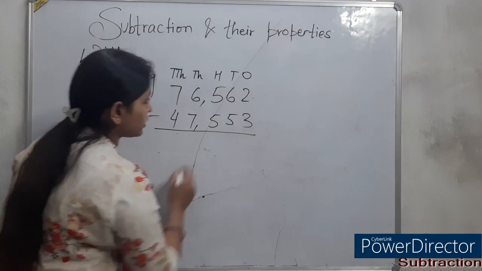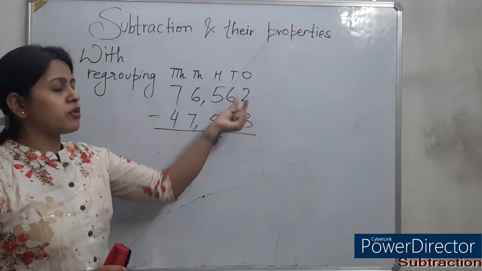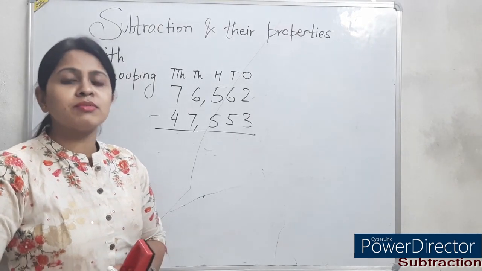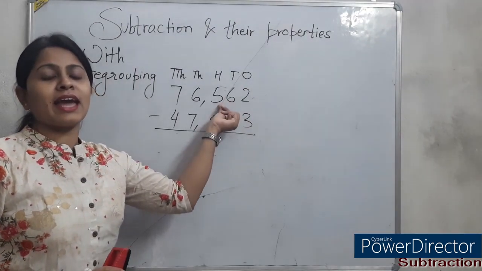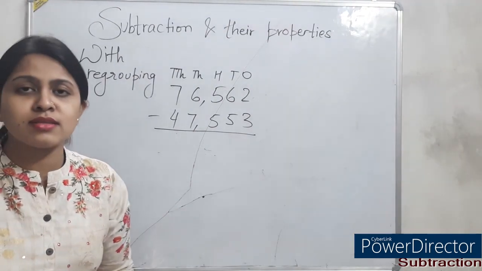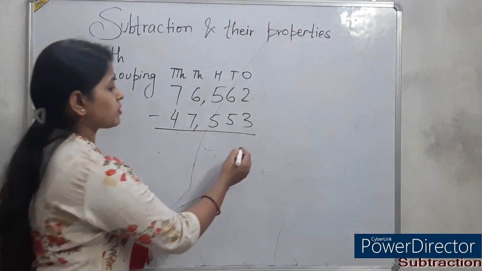In this case we need to subtract 3 from 2, and as 3 is greater than 2, it is not possible to subtract. So 2 needs to take a carry from 6. When 2 takes a carry from 6, it becomes 12. Now 12 minus 3, 9.